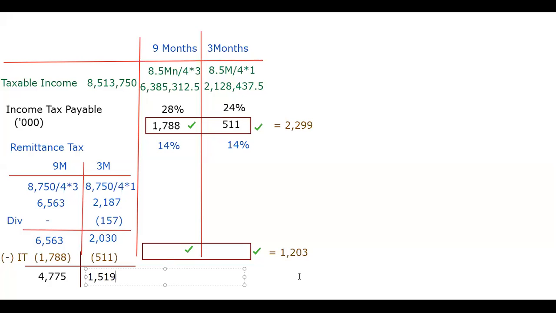Right. Then only you can calculate the tax. 4775 into 14%. Sorry. Here 511 into 14%. Sorry. 1519.